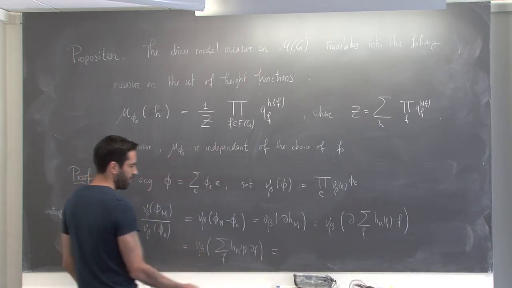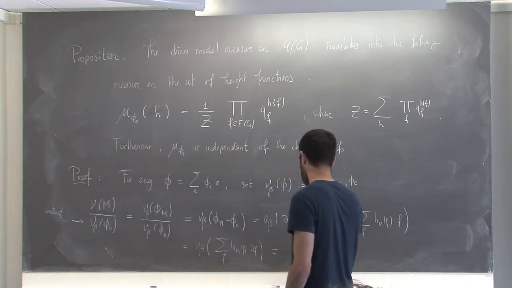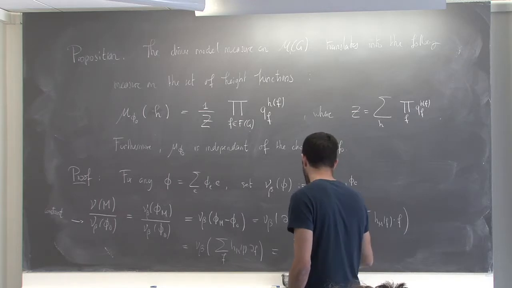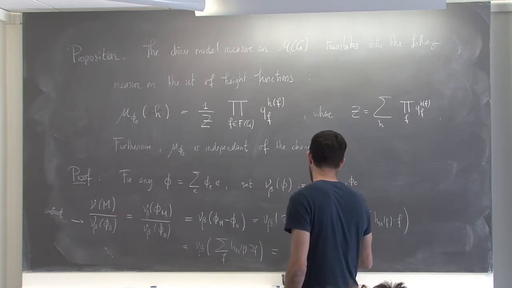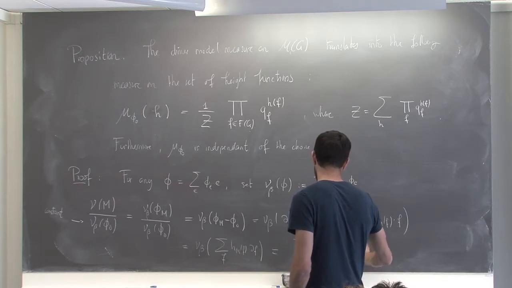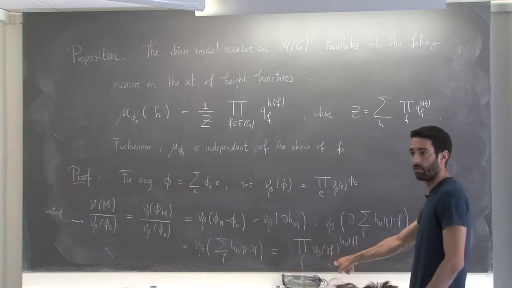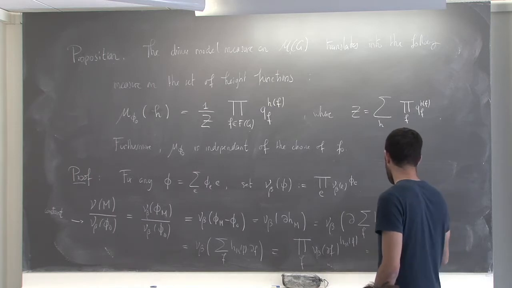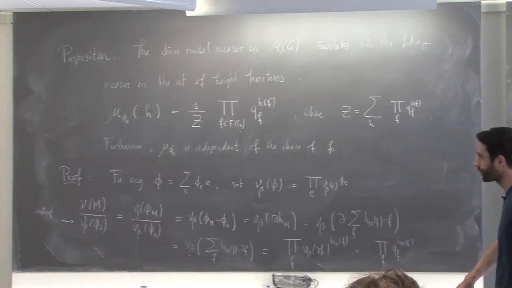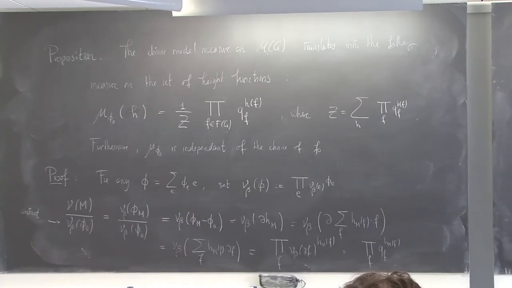And basically by definition of nu beta, here I have a product over all faces of nu beta of the boundary of f to the power hm of f. And by definition, this is the volume weight. So I get the product over f of qf to the power hm of f. And that's the proof.